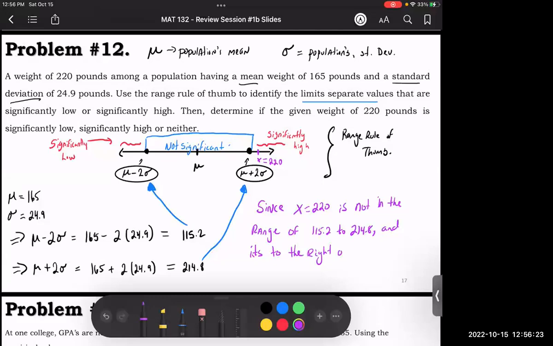I'm sorry, can you repeat how you got the 220? Oh, 220 was given. Oh, okay, I got it. Yep. And since the 220 is to the right of 214.8, we say 220 pounds is significantly high.